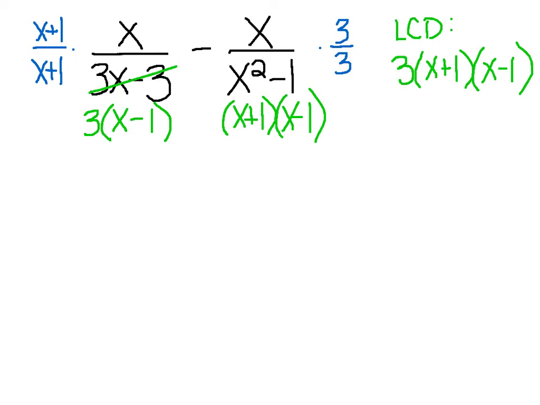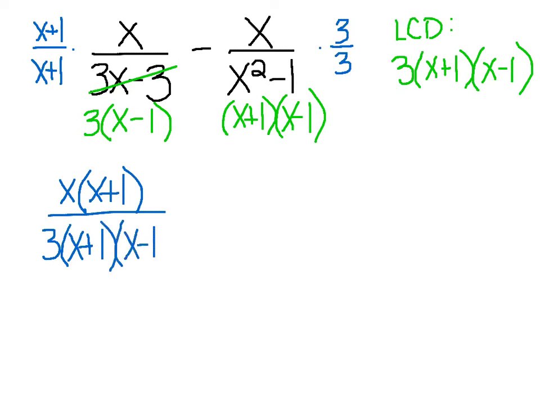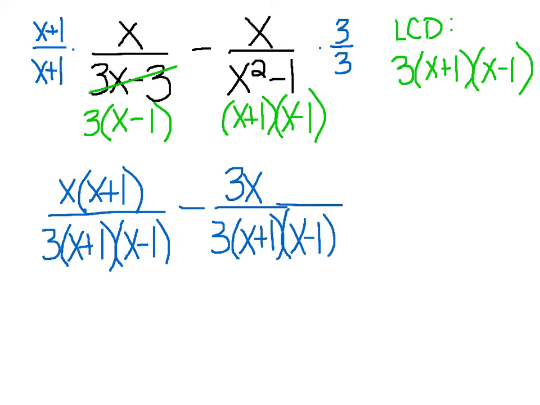So I'm going to have x times x plus 1 over 3 times x plus 1, x minus 1. Then I'm doing minus 3 times x, which is 3x, over 3 times x plus 1 times x minus 1. So now, simplifying that, we have distributive property.